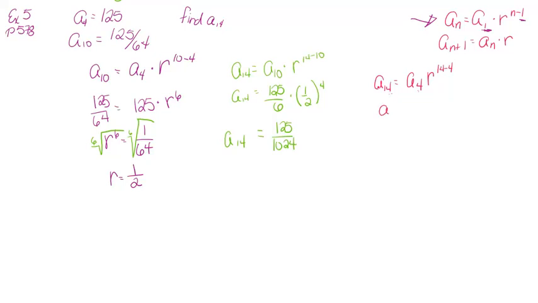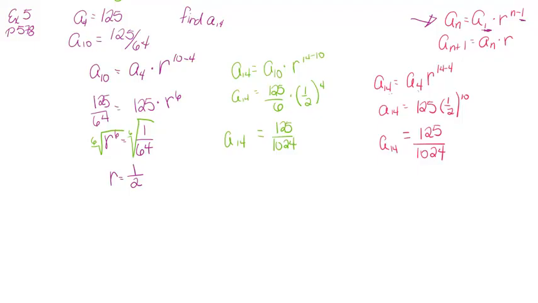So a sub 14 equals my 4th term, which is 125, times my common ratio, which is 1/2, raised to the 10th. And when I plug all this in my calculator, I get the same number. I get 125 over 1024. So no matter which one I use, I will get my 14th term being 125 over 1024.